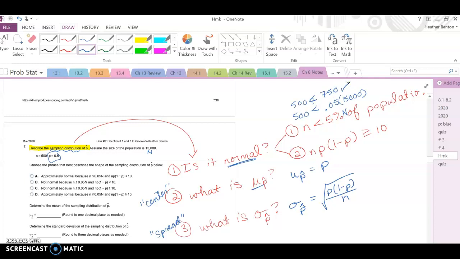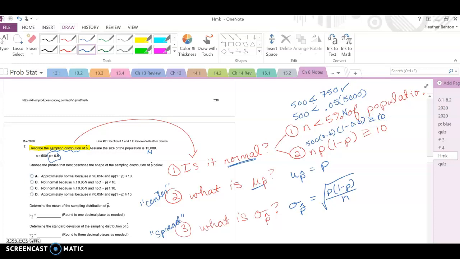So we're good there. The second rule is that n times p times 1 minus p has to be greater than or equal to 10. So in this case, our little n is 500 times our p is 0.6 times 1 minus 0.6, is that greater than or equal to 10?